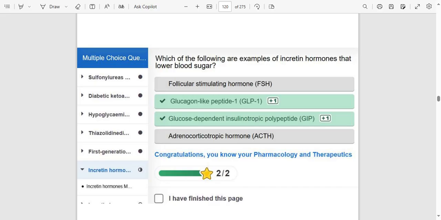Feel free to comment any thought. Okay. So this was actually supposed to be follicle stimulating hormone, FSH.